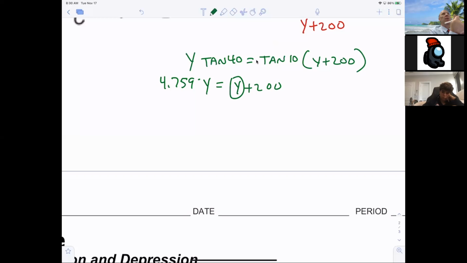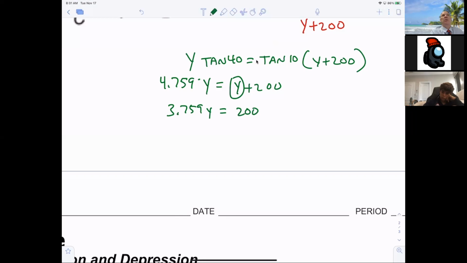Is it harder math? No, it's just like, what is 4y minus 1y? That would be 3y. So over here, I have 4.759y and subtract 1y. On your calculator, just do minus 1. And of course, I know that's 3.759.